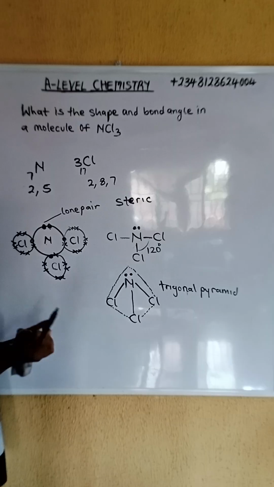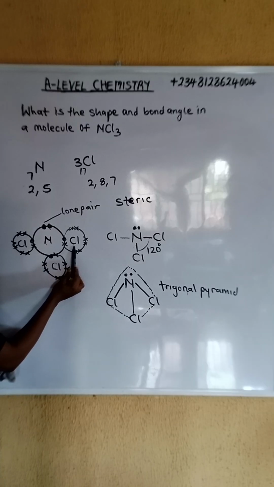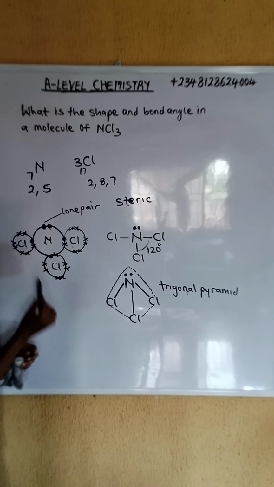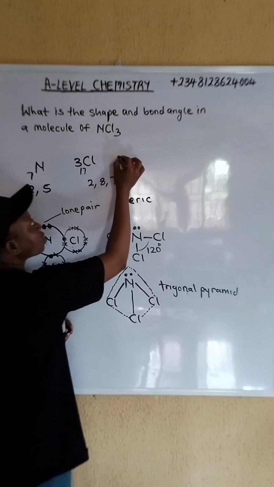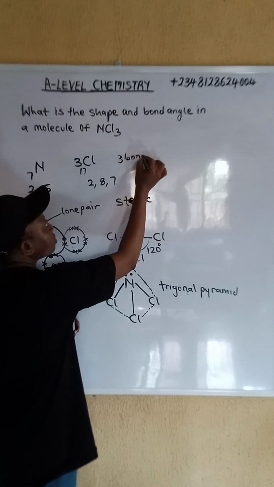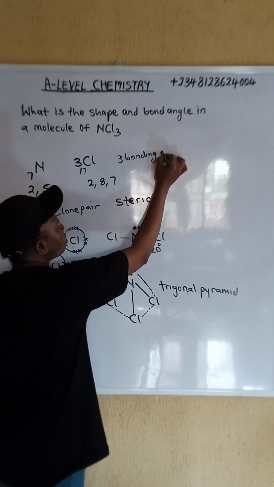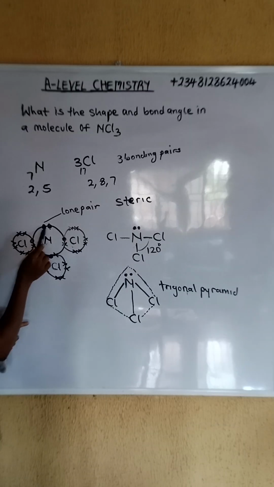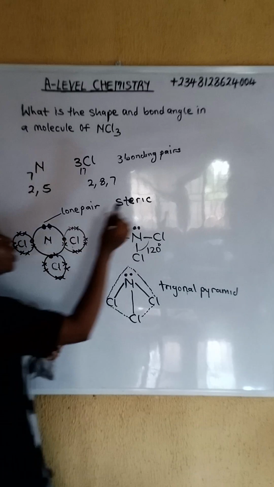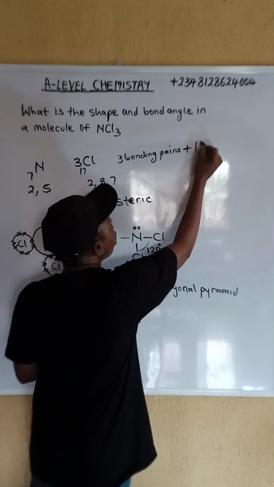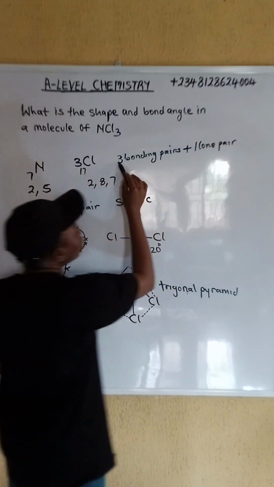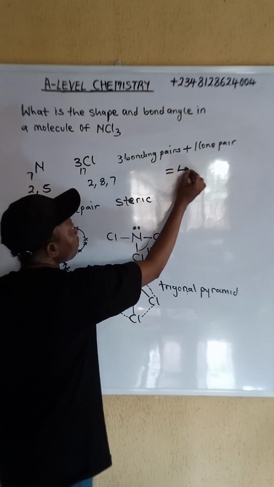Then how many bonding pairs do we have? The chlorine is a bonding pair because it is sharing electron with nitrogen. So we have 1, 2, 3. We have three bonding pairs. Then how many lone pairs? We have just one lone pair. So 3 plus 1 will give us 4.